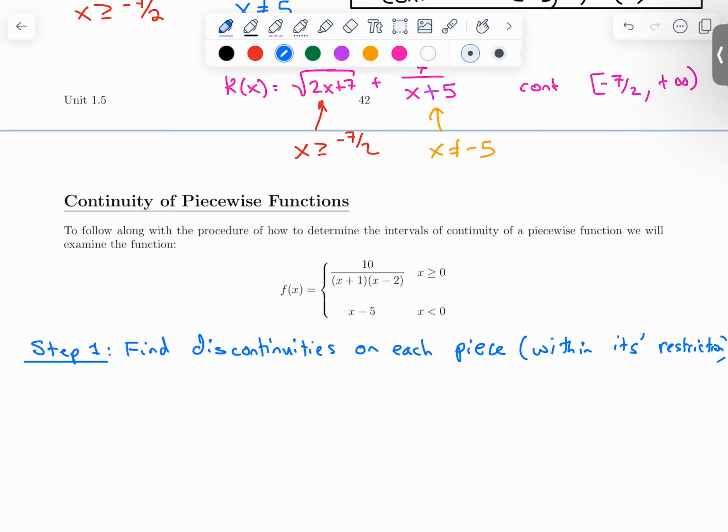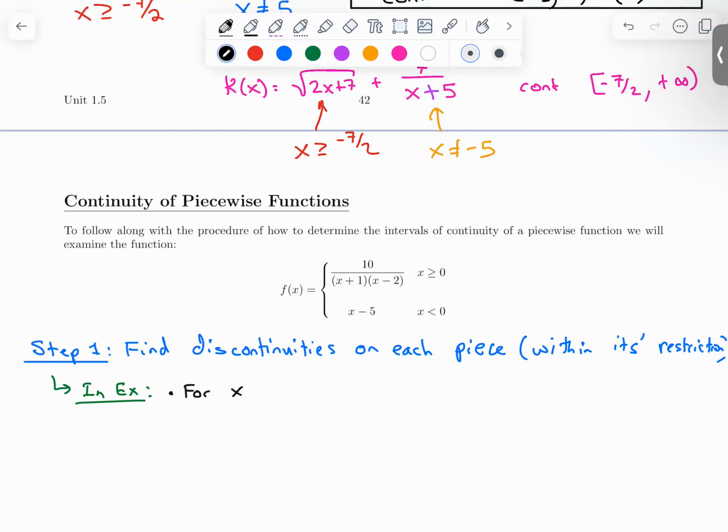What do I mean by that? Remember that the function is only defined as the first one for values greater than or equal to 0. So in our example, we look at the two pieces.